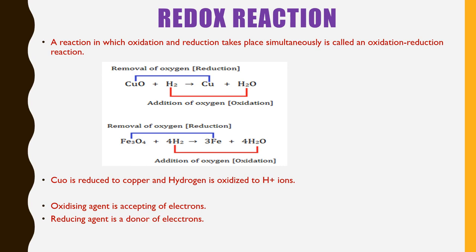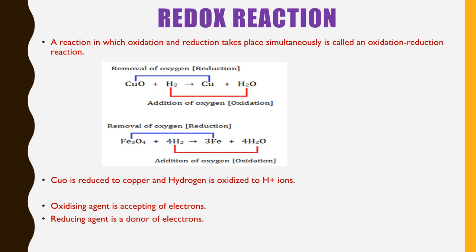The next reaction, hydrogen is gaining oxygen, that is addition of oxygen. So oxidation is taking place. So copper oxide plus hydrogen reacting, the final product is copper plus water. Next, ferric oxide is reacting with hydrogen, giving out iron and 4 water molecules.